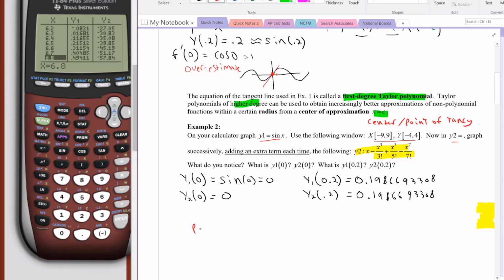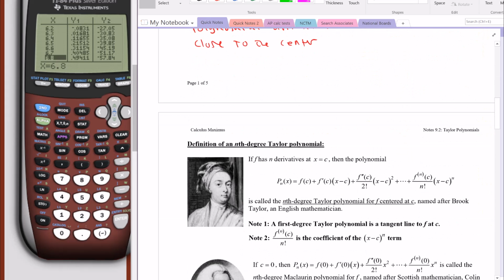The polynomial approximation is more accurate close to the center, and the farther away you get from the center, the less accurate it becomes.